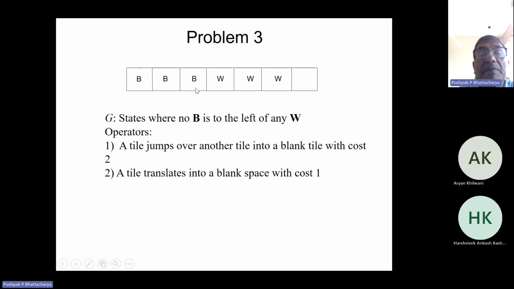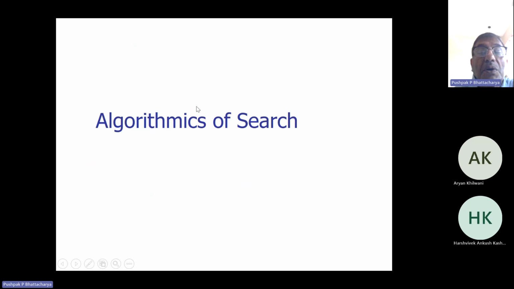Similarly, predicting if there will be rain tomorrow based on today's conditions is also a prediction problem, and prediction often involves search. So none of these real life problems have such simple state spaces, but still we have to incorporate a kind of abstraction on the situation so that the search problem can be clearly defined. So let's go into the algorithmics of search.